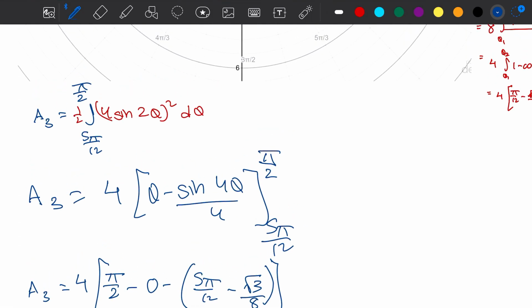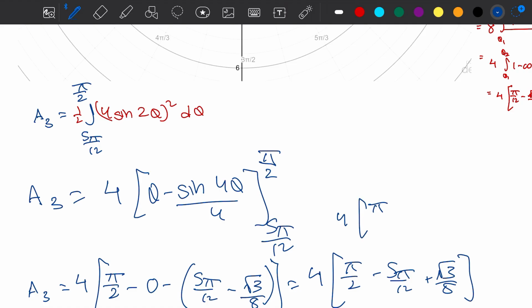Okay. Pi over 2 minus 5 pi over 12 plus root 3 over 8 equals, this is 6 pi over 12 minus 5 pi over 12 is pi over 12 plus root 3 over 8. That's the same thing as saying pi over 12 plus root 3 over 8. And then you have that equals pi over 3 plus root 3 over 2.